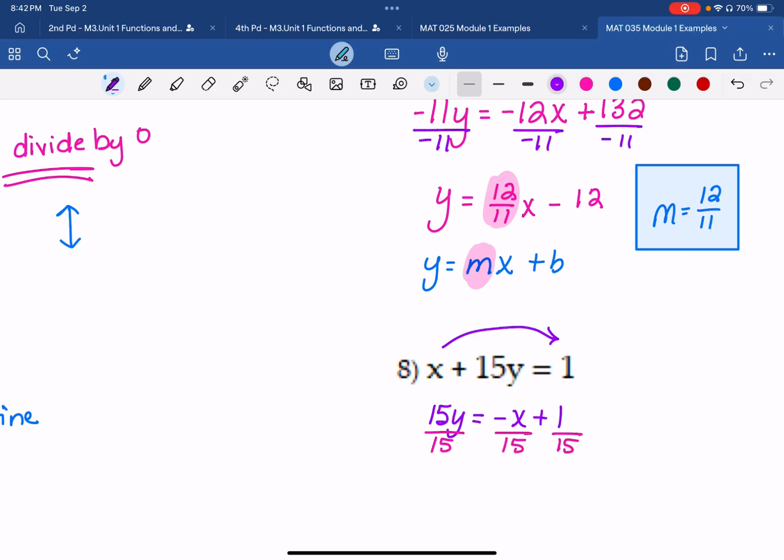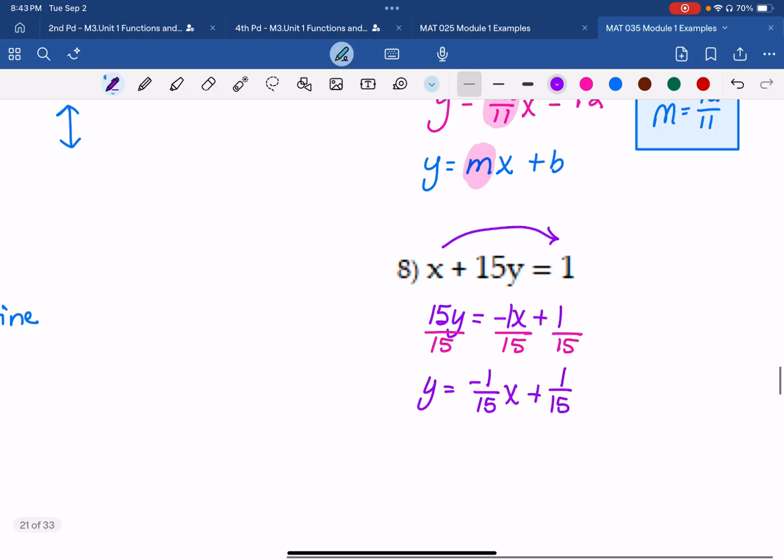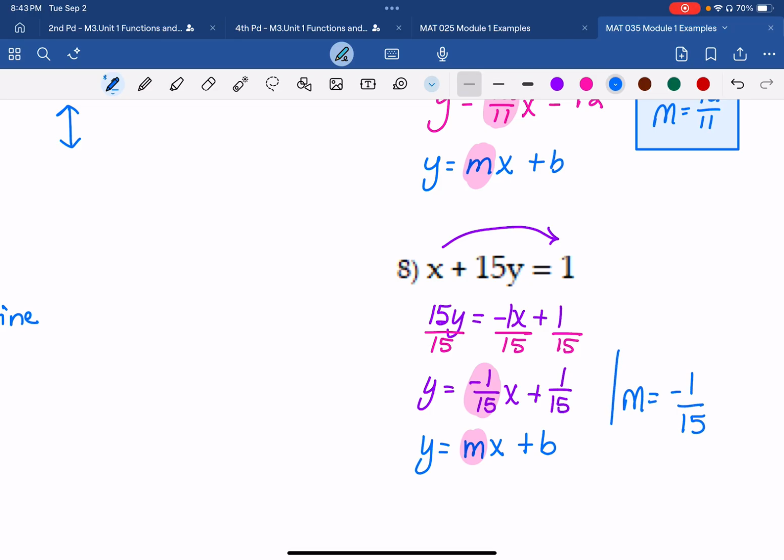And so I've got y equals, that's an understood 1 in front of that x, so that's going to make that negative 1/15 x plus 1/15. Remember, this is y equals mx plus b. The part I want is right there. So that means that my slope is negative 1/15.